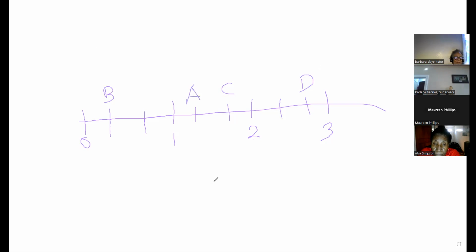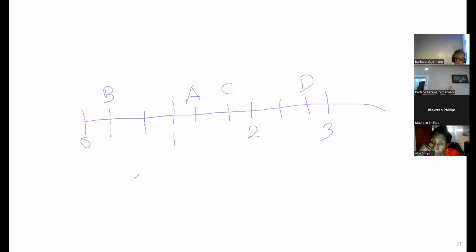Now notice I didn't put any numbers on some of the hash marks, right? But you can tell me what each one represents. From 0 to 1, I only have a hash mark here, and a hash mark here. That means these hash marks represent 1/3, because 1/3, 2/3, 3/3.